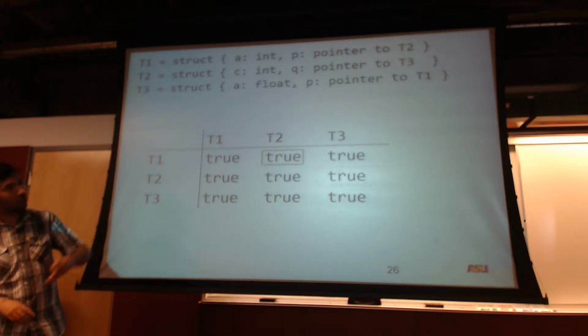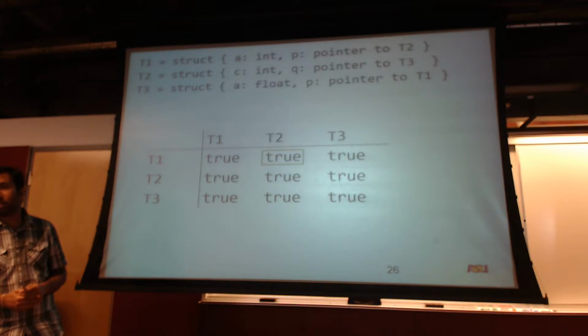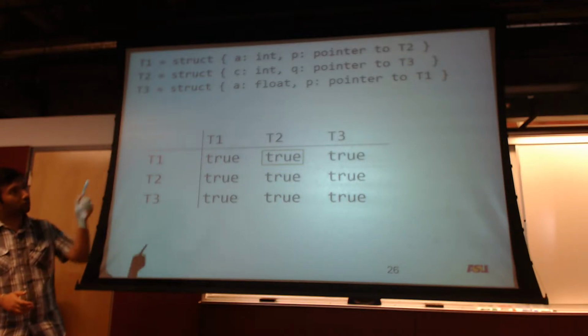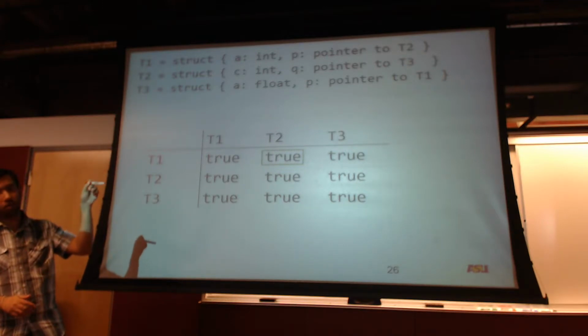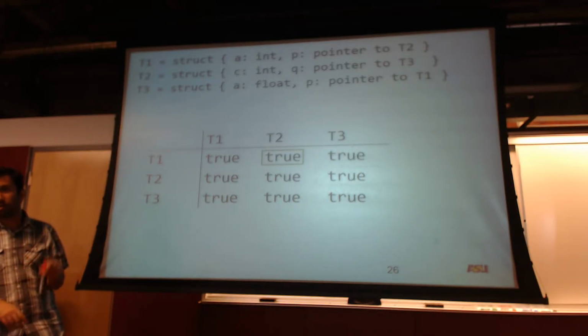If you want to check T1 and T2, these are two structures. So let's apply rule number 3, structure equivalence of structures. We see that the first variables are structurally equivalent because both are of the basic type int. So we apply rule 1 and say that A and C are structurally equivalent.